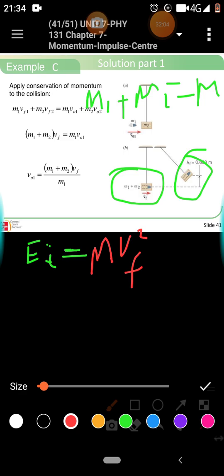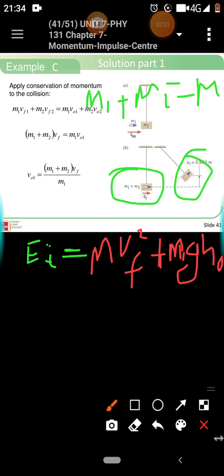and then we need to add the potential energy, which is given by m, again the mass of both the bullet and the wood, times gravity g, times the initial height. Let's call it h initial, hi.